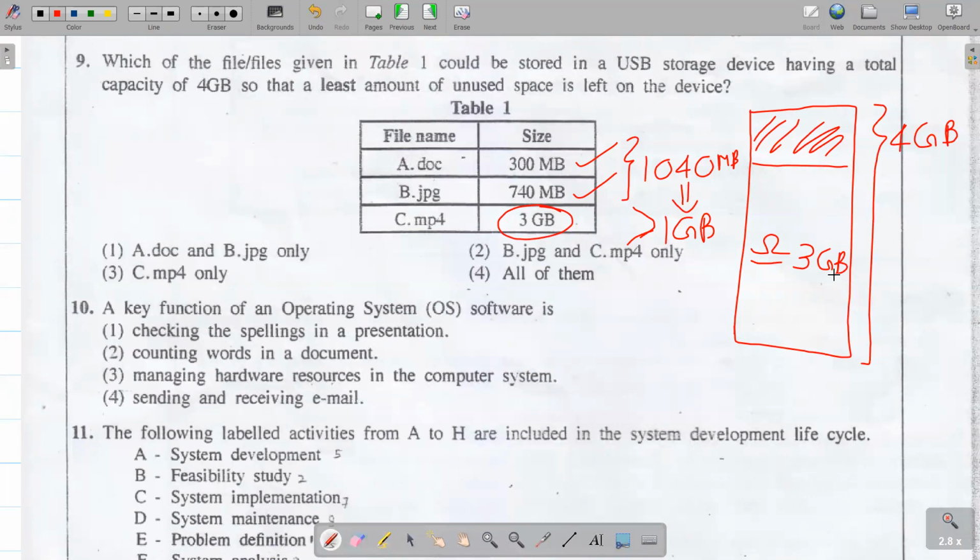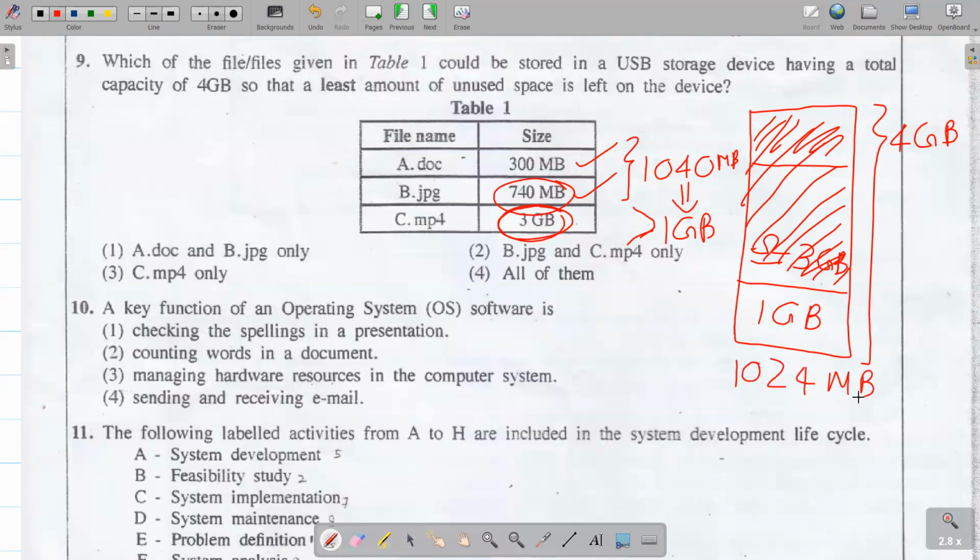So what we can do is go with the 3 GB and 740 MB. The 3 GB will fill up to a certain point, so 1 GB is left. That 1 GB means 1024 megabytes. From that, we can use 740 MB.